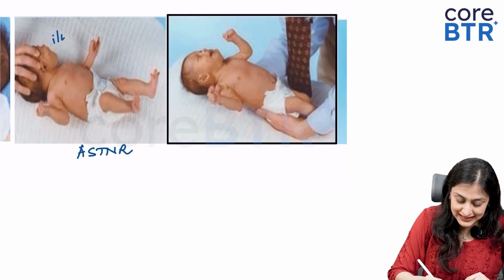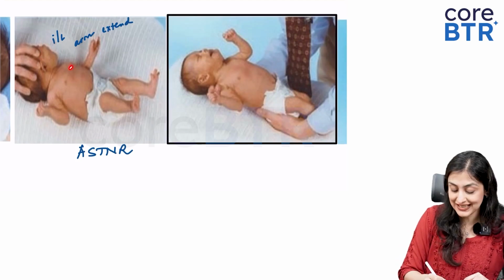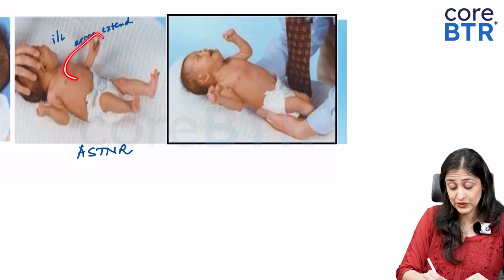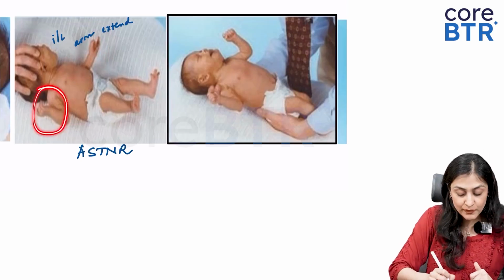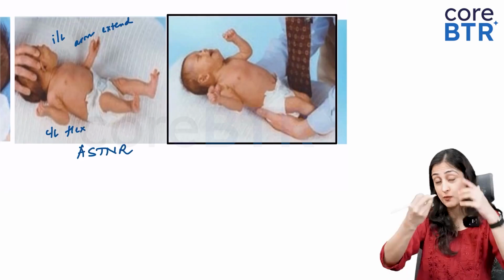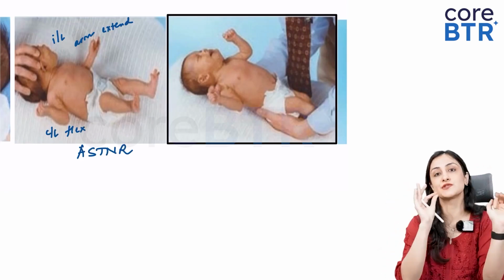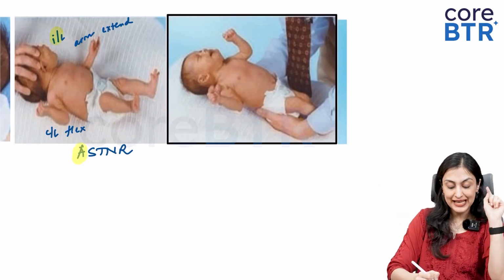Here, the ipsilateral arm will extend, meaning whichever side you turn the neck, that side's arm will extend. Now you can argue, ma'am, I can't even see that arm, it's covered by the baby. So look at the opposite. The contralateral arm, can you see, is flexed? So opposite means ipsilateral must be extended. This is very, very effective, otherwise you'll mix it up.